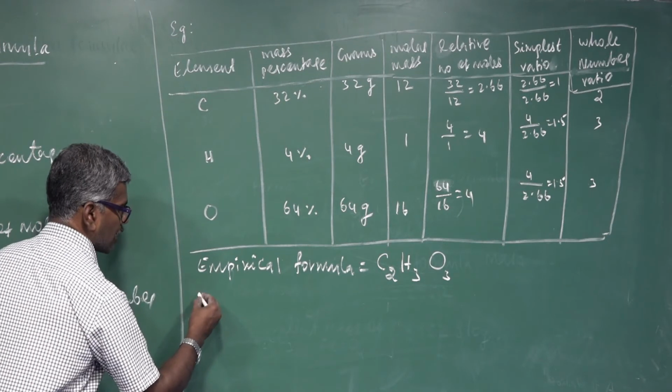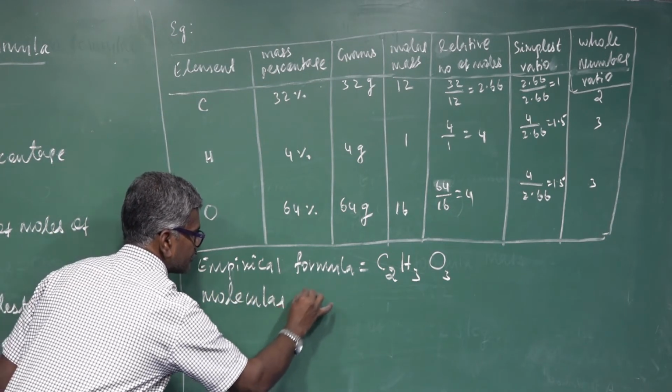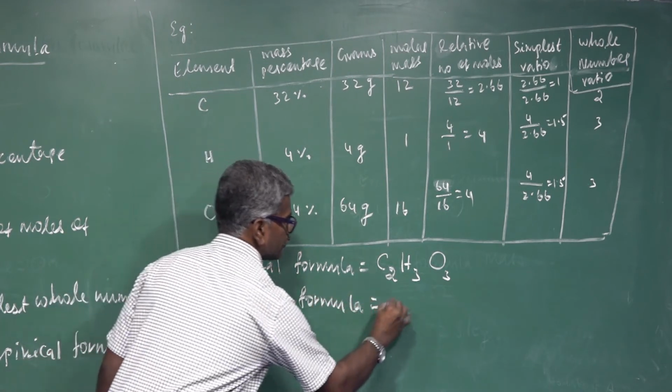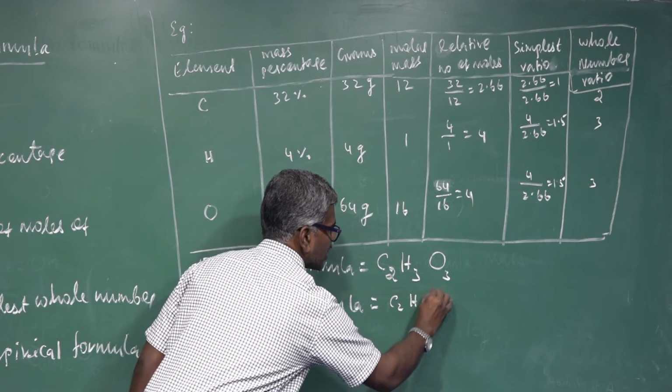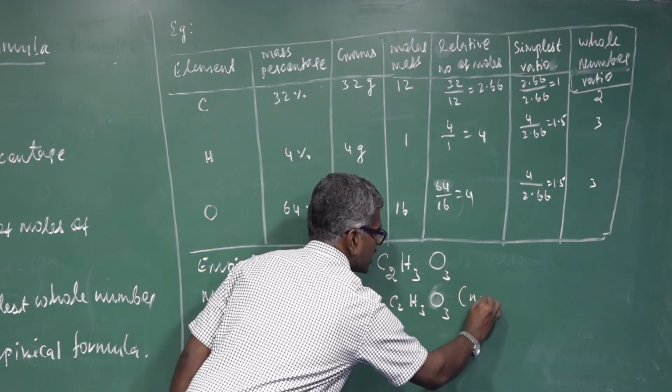What is the molecular formula? Molecular formula should be equal to C2H3O3 if n is equal to 1.